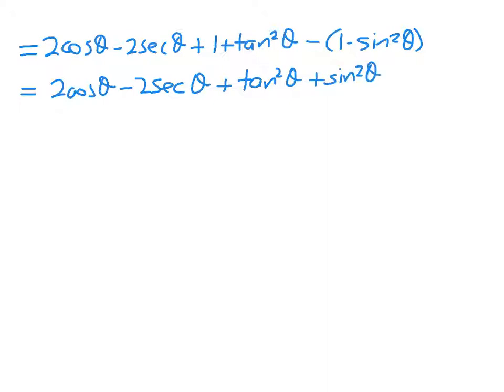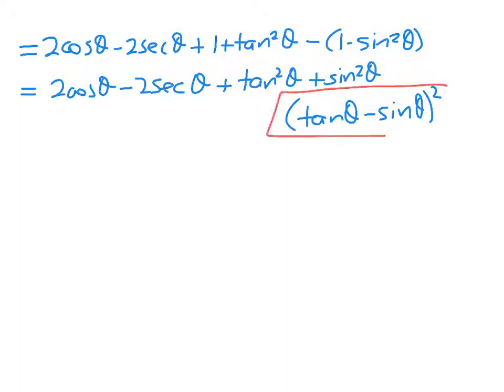Now if you think about where we're going, we want to end up with (tan theta minus sine theta) squared, right? So put that in a little box out the side. So you can see that's starting to work. We've got the tan squared theta and we've got the sine squared theta. All we have to do is manipulate this to get the middle term. So that's what I'm going to do now.